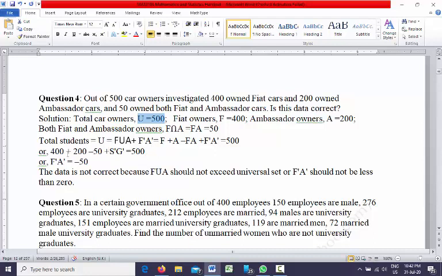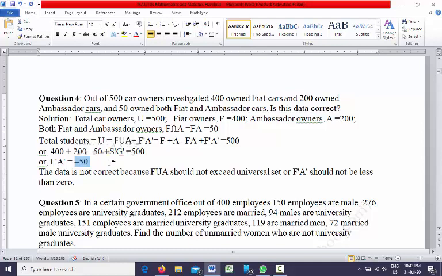So if you put in the values, F is equal to 400, A is equal to 200, FA is 50, plus F prime A prime, which we don't know, is equal to 500. If you solve it, F prime A prime is minus 50.